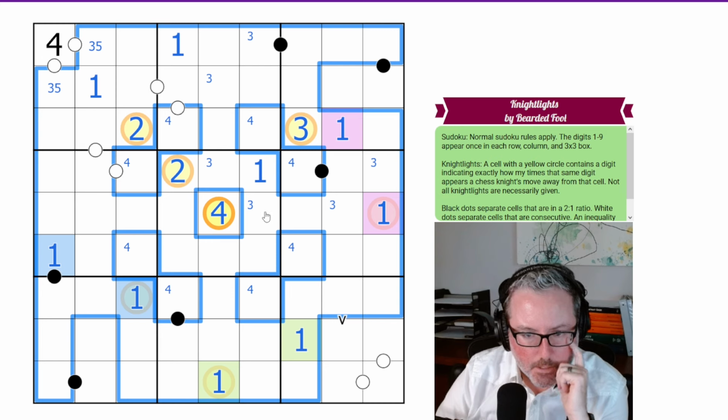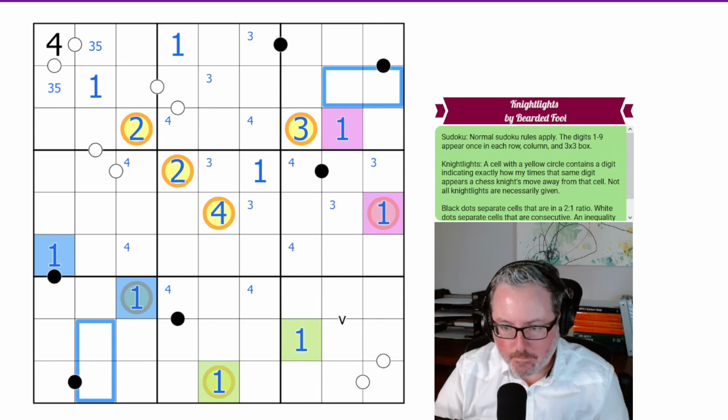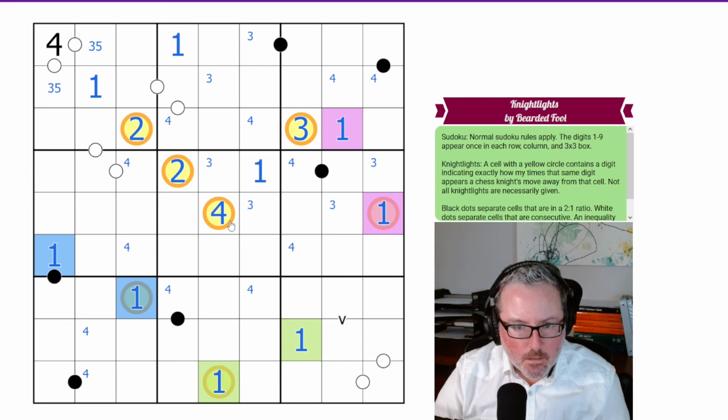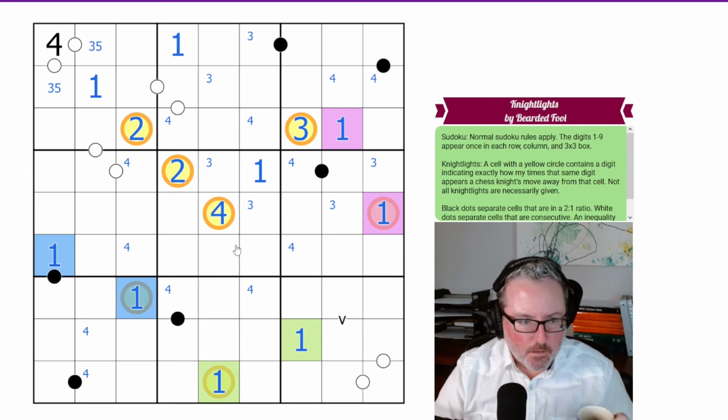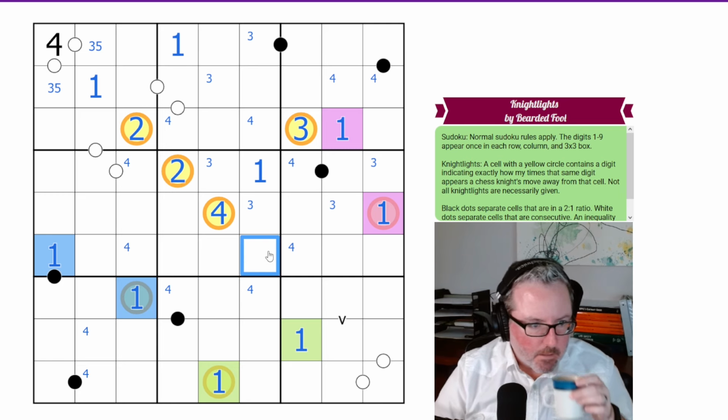So these are all the possible locations of a 4, which I don't really like because it doesn't do much. And I've got a lot of random ticks now that are going to give me a little bit of stuff to look at that might be a little messy.